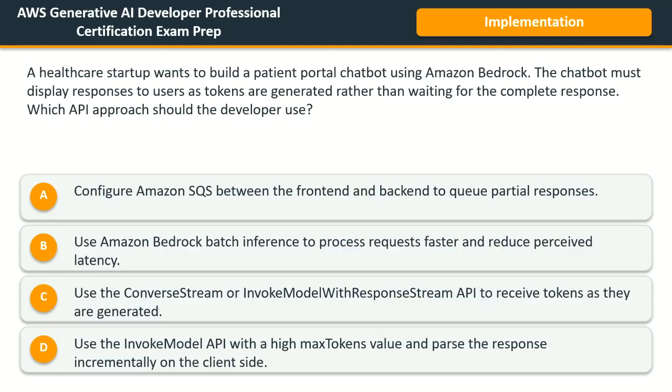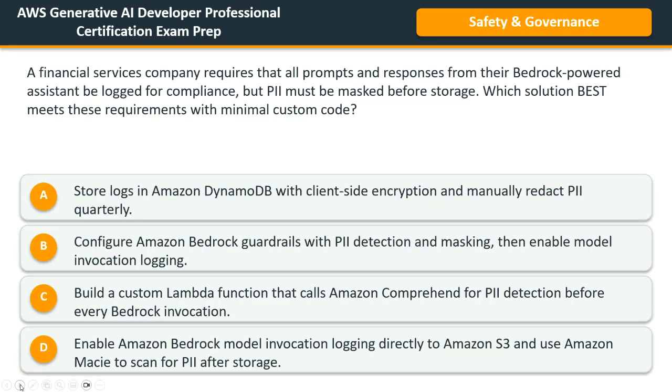A. Store logs in Amazon DynamoDB with client-side encryption and manually redact PII quarterly. B. Enable Amazon Bedrock model invocation logging directly to Amazon S3 and use Amazon Macie to scan for PII after storage.